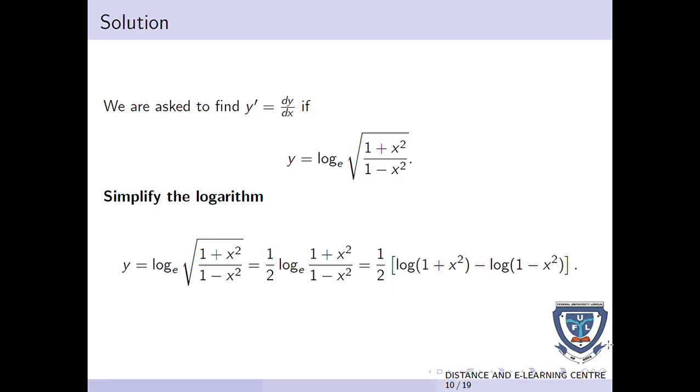Now, if our y is the natural logarithm to base e of the square root of (1 plus s squared) all over (1 minus s squared), by the time you simplify the logarithm, you are going to have that 1 over 2 [log (1 plus s squared) minus log (1 minus s squared)]. This is by the laws of indices.